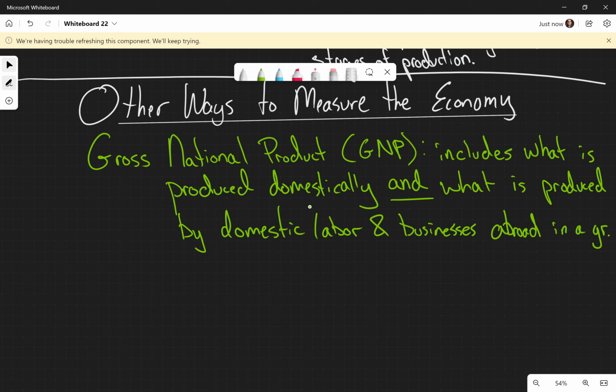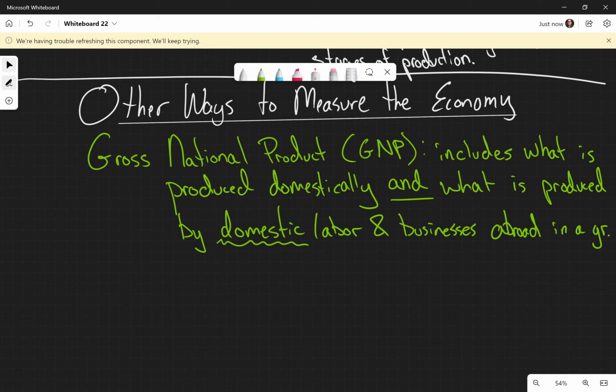So this domestic labor, right? This means that if we're talking about United States gross national product, this would be all U.S. owned businesses, even if they are producing in a factory in Japan. If it's a U.S. owned business, it's part of gross national product.